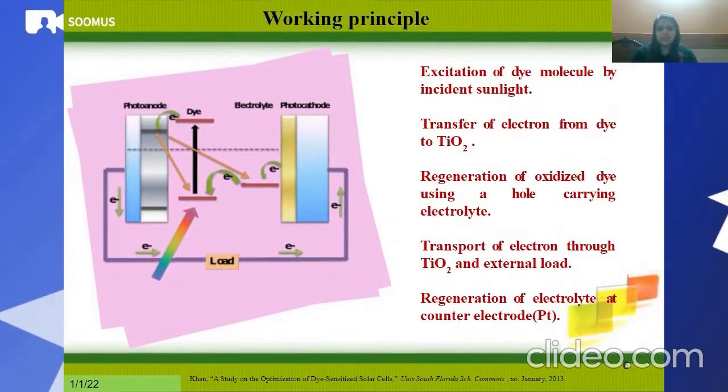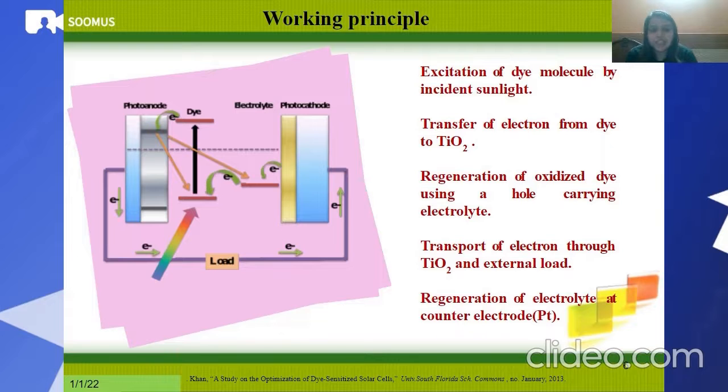And this is the working principle of DSSC. Firstly, dye molecules absorb photons from the sunlight and excite the electron. Then the electron is transferred from the dye molecules to the TiO2 layer, and after that the oxidized dye is regenerated using a hole-carrying electrolyte.